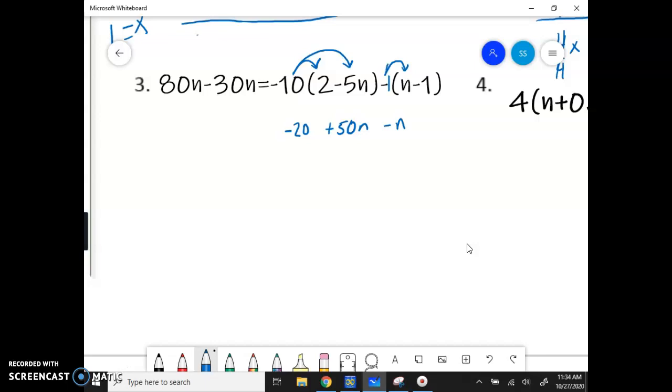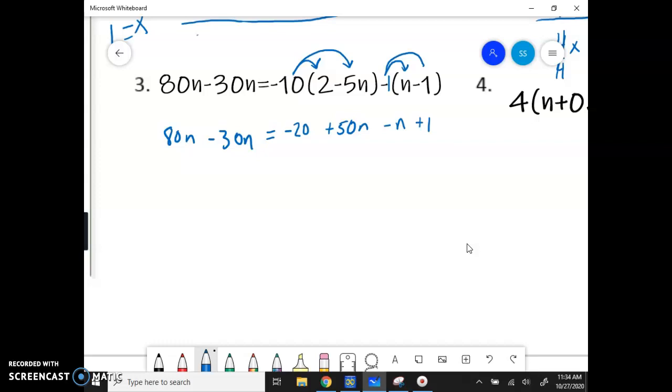Okay, second distribution, -1 times -1 is going to equal +1. All right, now we should just go ahead and update this problem. Drop down the 80n minus 30n. All right, so we've just done the first step.